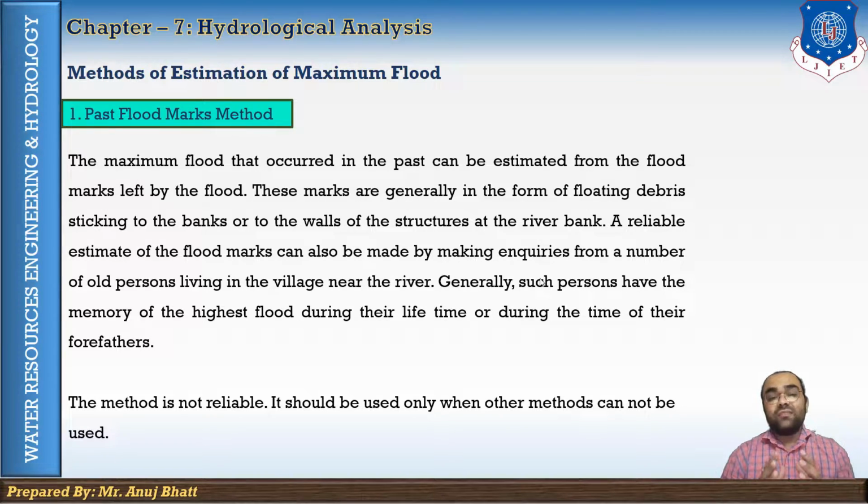A reliable estimate can also be made by making inquiries from a number of old persons living in the village near the river. Generally, such persons have the memory of the highest flood during their lifetime or the time of their forefathers. This method is not reliable. It should be used only when the other methods cannot be used.